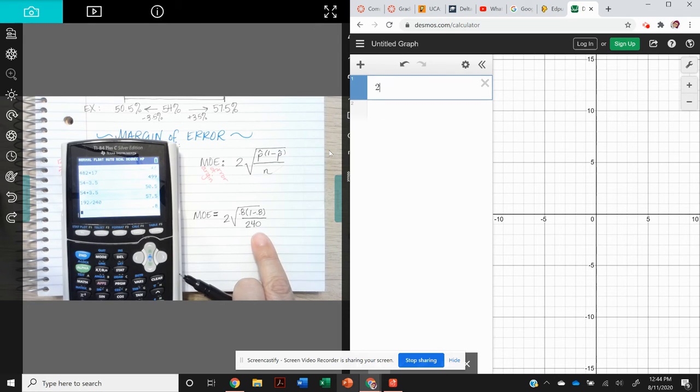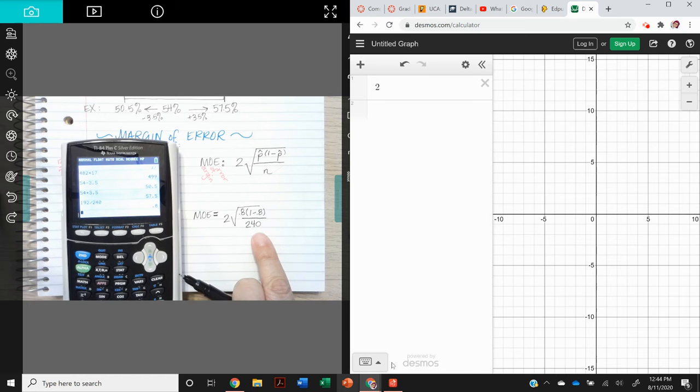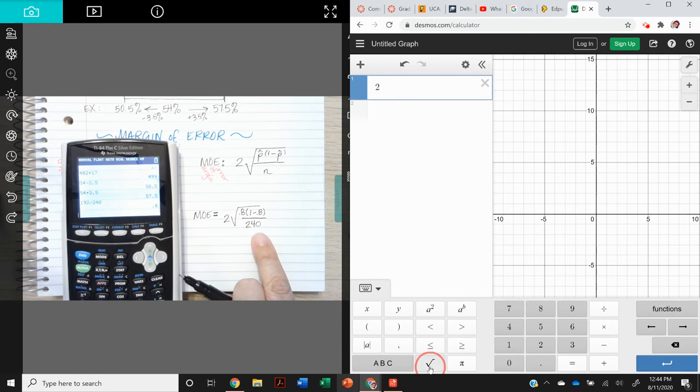So 2. Let me move some things around. Pull up my keyboard, square root, and inside that square root, I'm going to put divide because that created my fraction. In the numerator, 0.8, parentheses, 1 minus 0.8, on the bottom, 240.